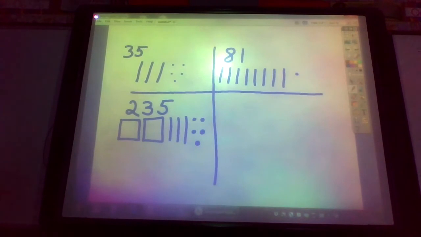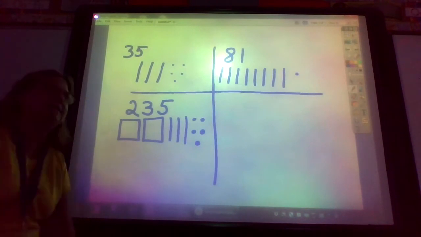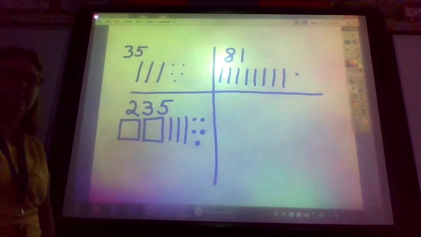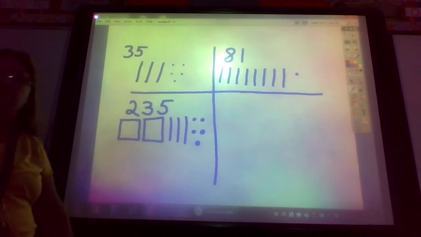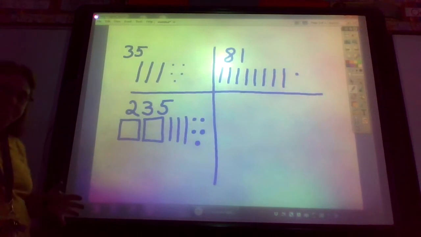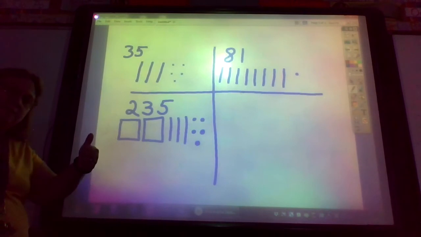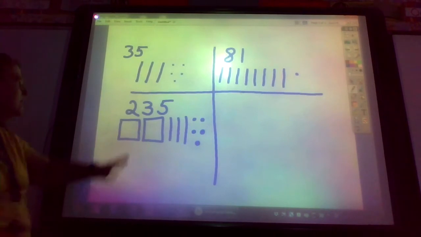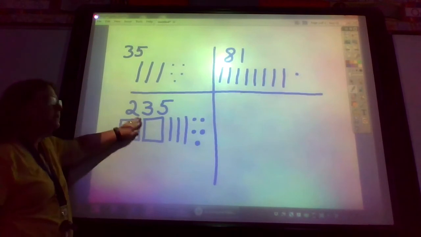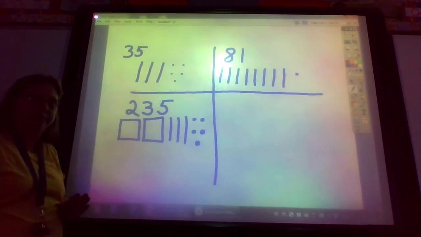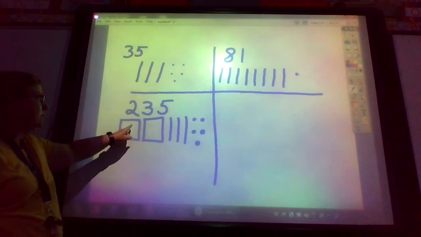Now, I don't have 71s that you guys like to draw. I don't have 70 lines and then have to draw another 25 to add more to it. I run out of room. We are just drawing quick draws. 10s and 1s, and now we've learned to draw the hundreds. A big square makes that 100. And I can count that.